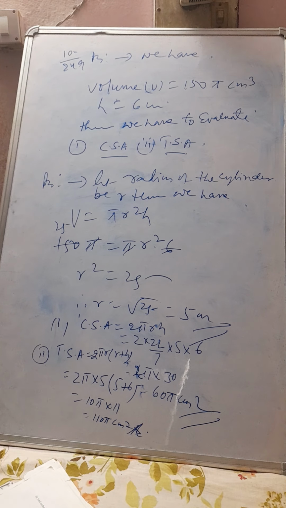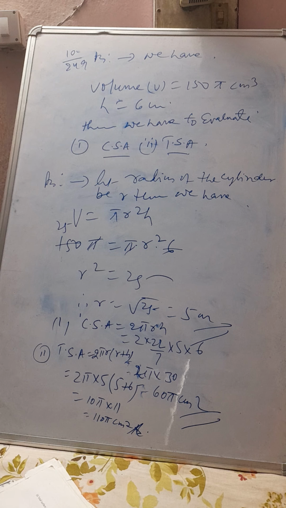It is your answer. Your total surface area becomes equal to 110 pi centimeter square. This is right solution. Have any doubt in it?